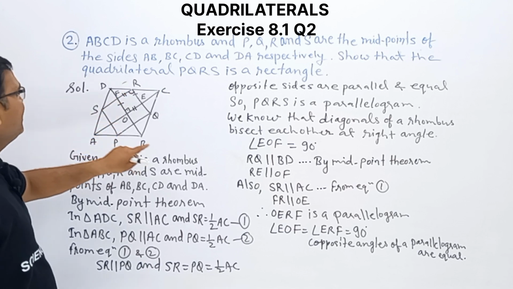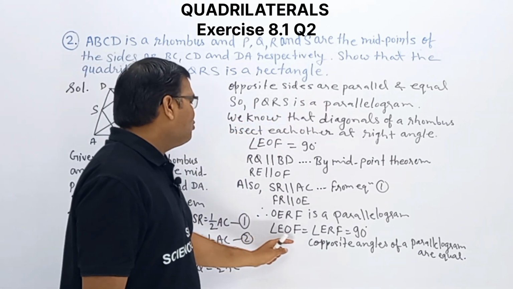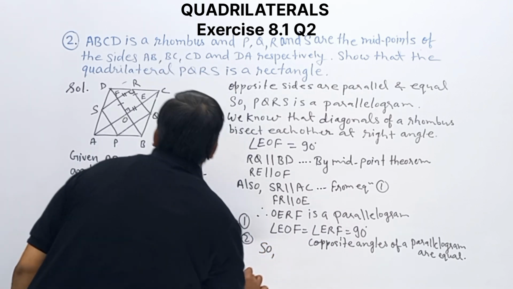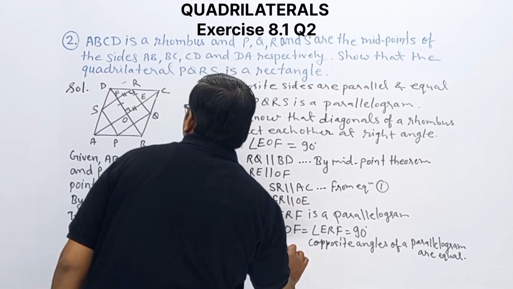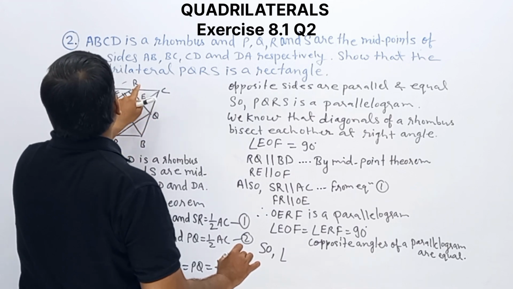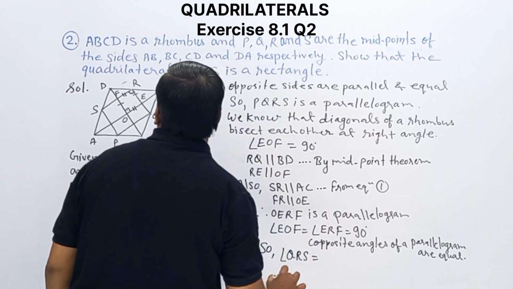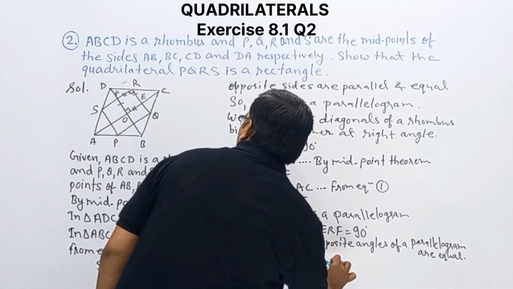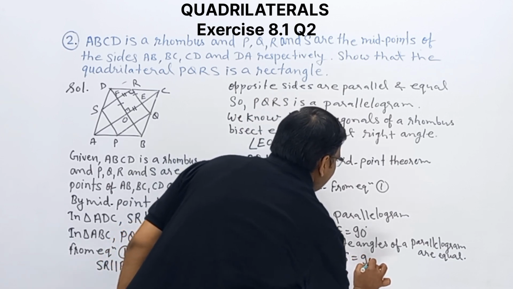We already concluded that PQRS is a parallelogram. So angle EOF equals angle ERF equals 90 degrees. So angle QRS equals angle QPS equals 90 degrees.